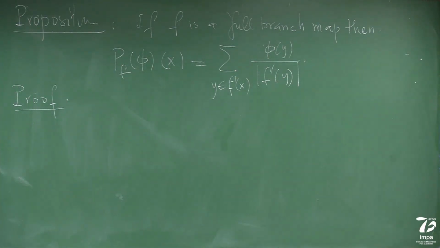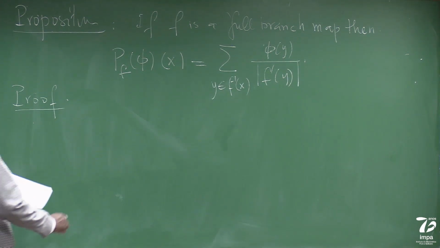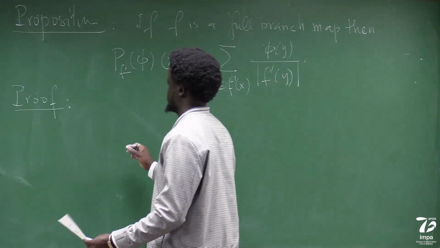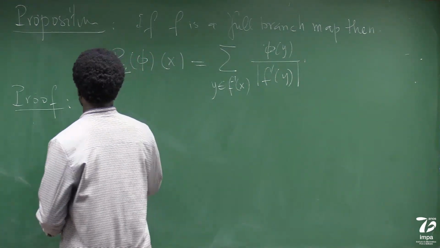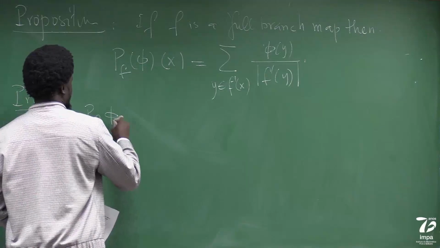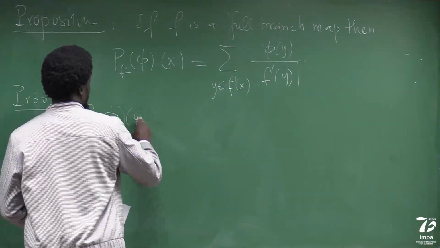Let me see if I do some examples before the proof or not. No. Okay. So by what you know from calculus, by the fundamental theorem of calculus, you have P phi of y of x.